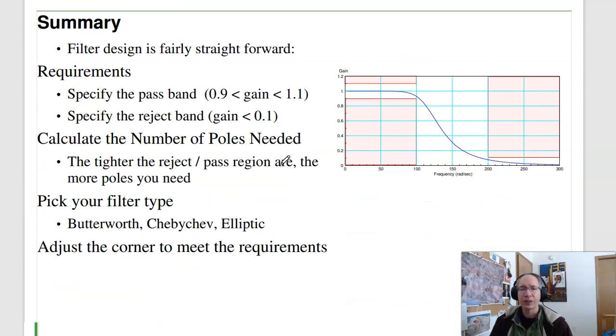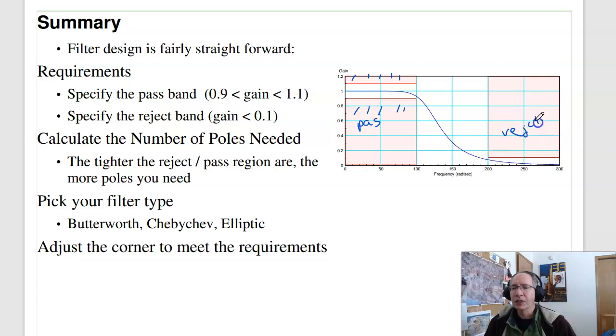So in summary, filter design is fairly straightforward. You need to specify the requirements, and what the requirements typically look like is I have a passband. I specify what frequencies the gain has to be at least something like 0.9 and less than 1.1. I have a reject band.